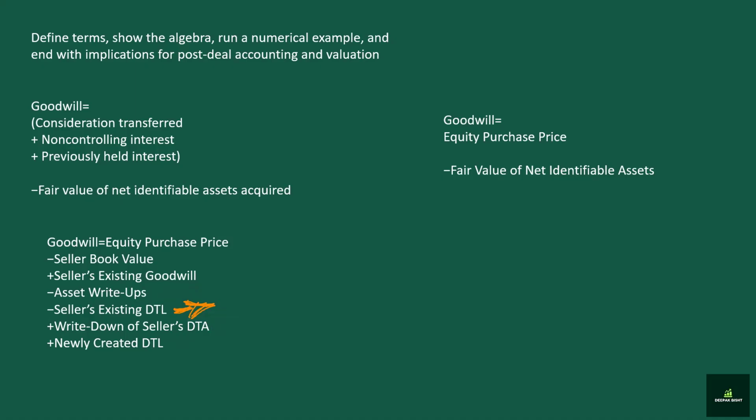Many book-to-tax temporary differences create a DTL on the seller's books, and in acquisition consolidation, these existing DTLs may be de-recognized depending on the tax basis and the transaction. Removing an existing liability reduces the liability side of the net assets, and therefore it reduces the net identifiable liabilities and decreases the goodwill.